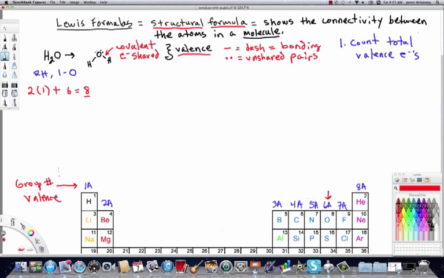Now, as an aside, remember that hydrogen, if we were to write its electron configuration, is going to be 1s1. That's the valence electron right there. And if we look at oxygen, its configuration's 1s2, 2s2, 2p4.